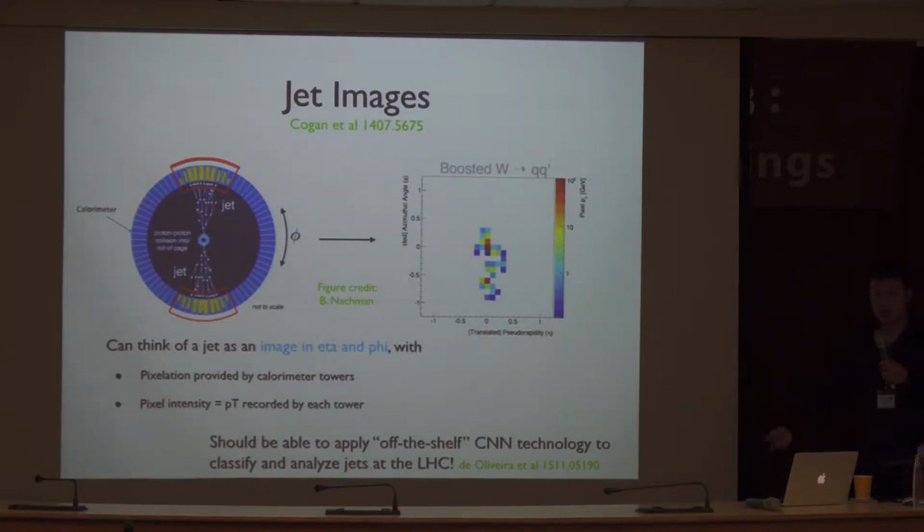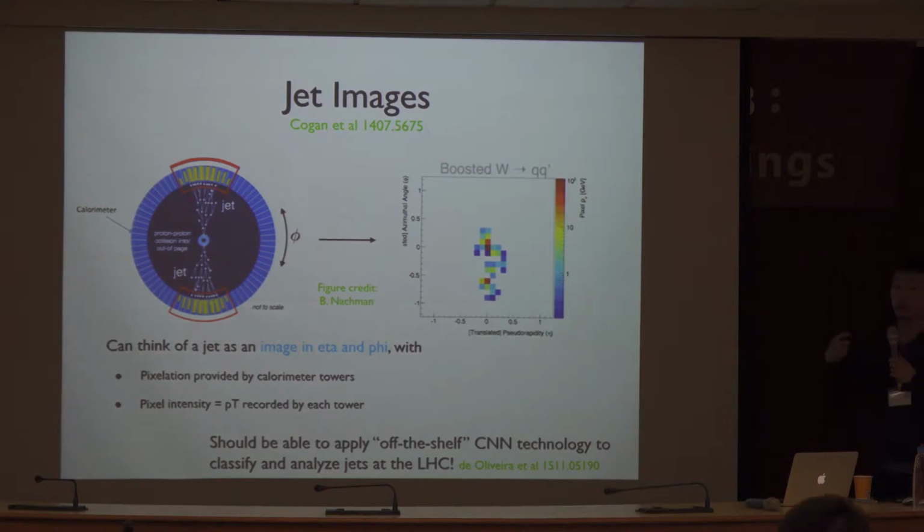Okay. So that brings me to the idea of jet images. So this really originated, I think, in this paper from 2014, the idea that you could think of a jet as an image and apply some neural network or machine learning to it. Maybe there were much older papers, but that's the one from the last person to work on it, I guess. And so you can think of a jet in an obvious way as an image in eta and phi in the calorimeter.